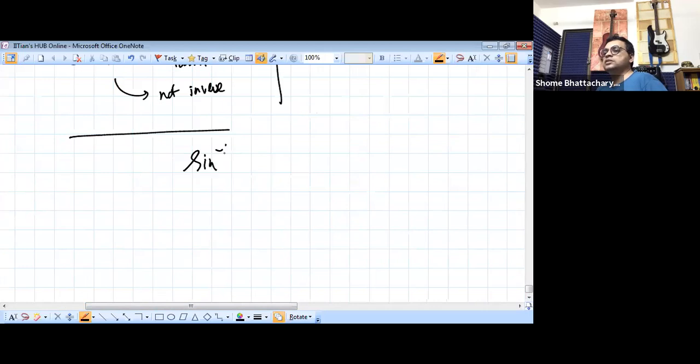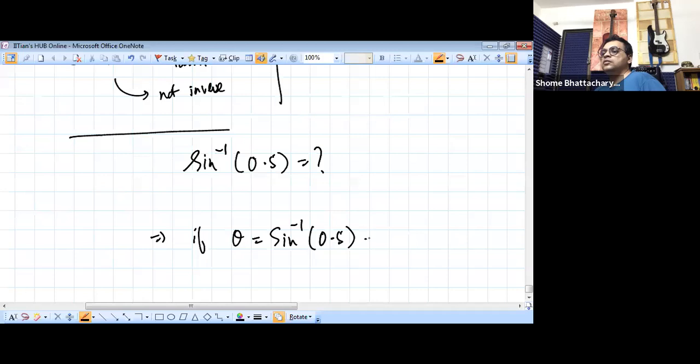Sine inverse of, let us say, 0.5. We want to calculate how much that is. If theta is equal to sine inverse of 0.5, it means that sine theta is equal to 0.5. So that means theta is equal to 30 degrees.